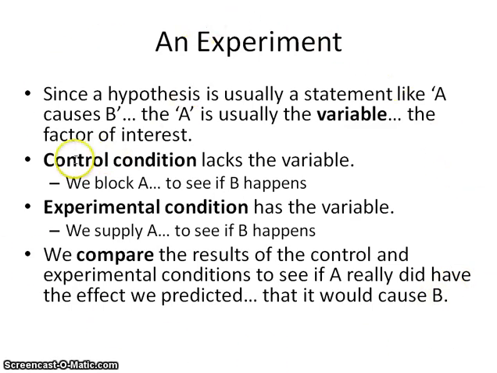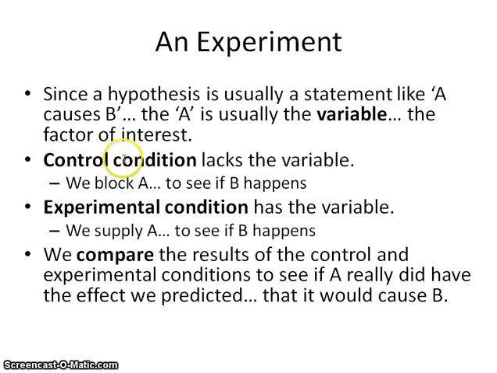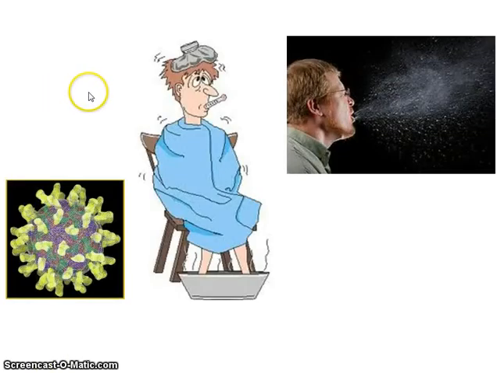You'll see that the conditions you set up are related to the very concept of A causing B. In the control condition, we're blocking A to see if B happens. In the experimental condition, we're supplying A to see if B happens. So let's return to our case of the cold.